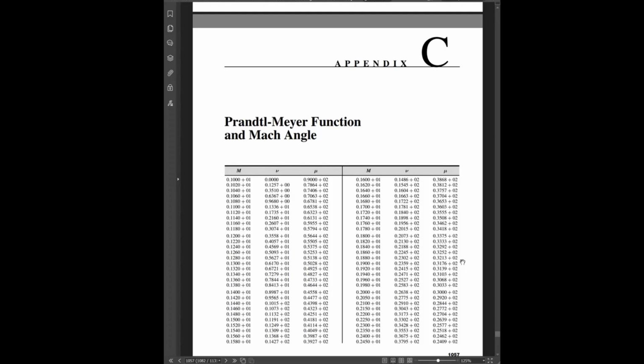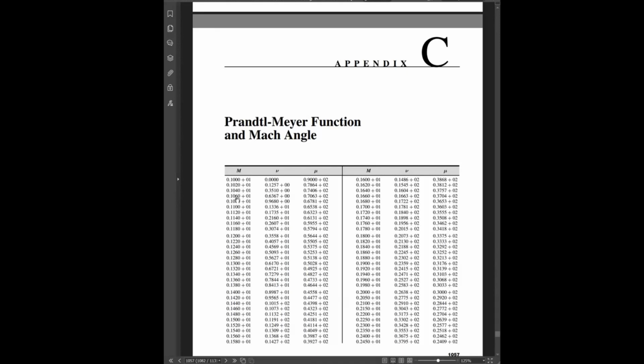Just one limitation is that this Appendix C is built only for air, gamma 1.4. If you need to calculate Prandtl-Meyer flow for gas, which is different from air, having different value of gamma, you can use formula 942 and do this process easily. So Appendix C is very simple to use.